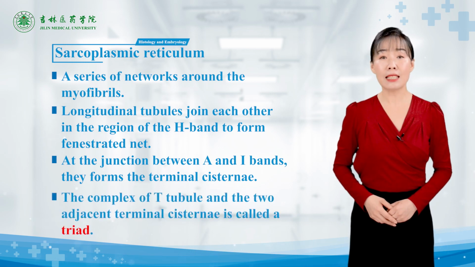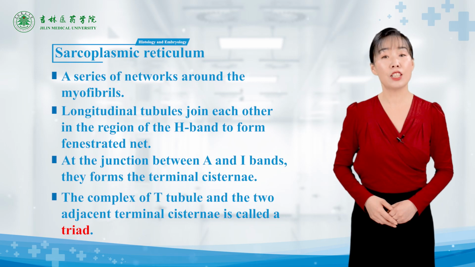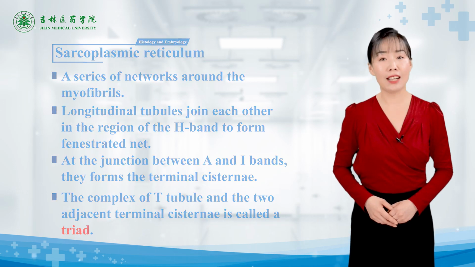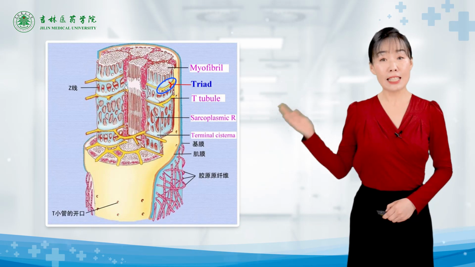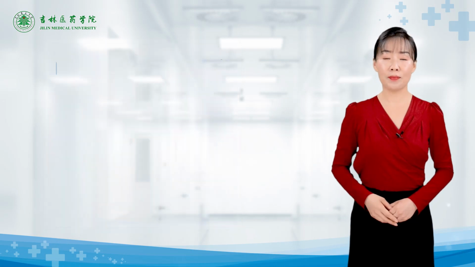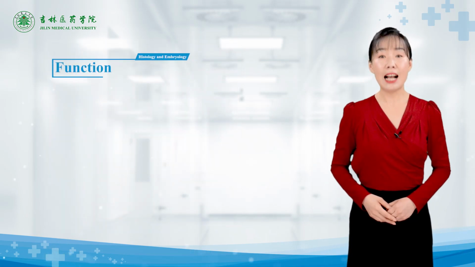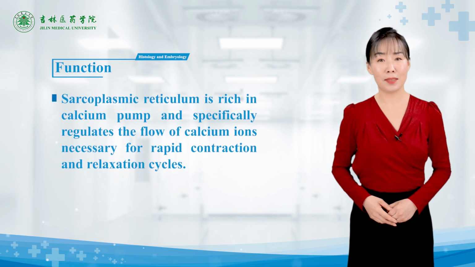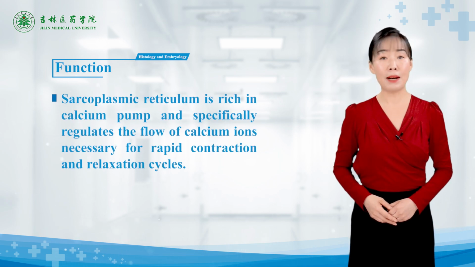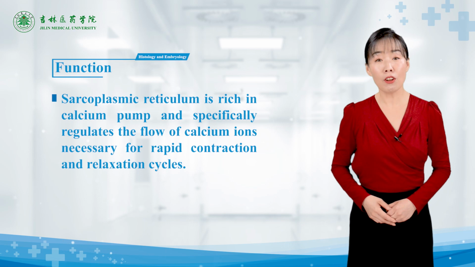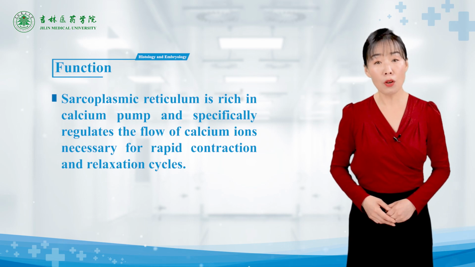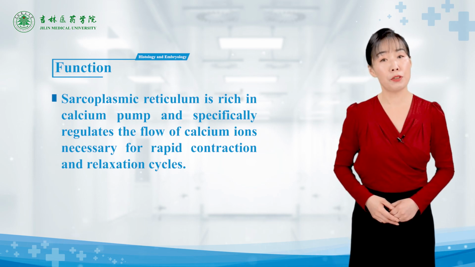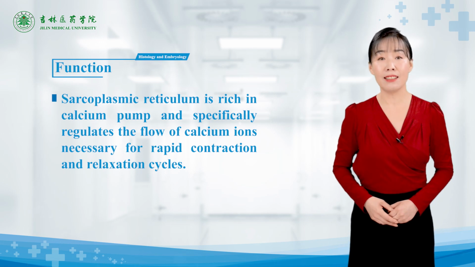The complex of a T tubule and two adjacent terminal cisternae is called a triad. The circle indicates a triad. Function: the sarcoplasmic reticulum is rich in calcium and specifically regulates the flow of calcium ions necessary for rapid contraction and relaxation cycles.